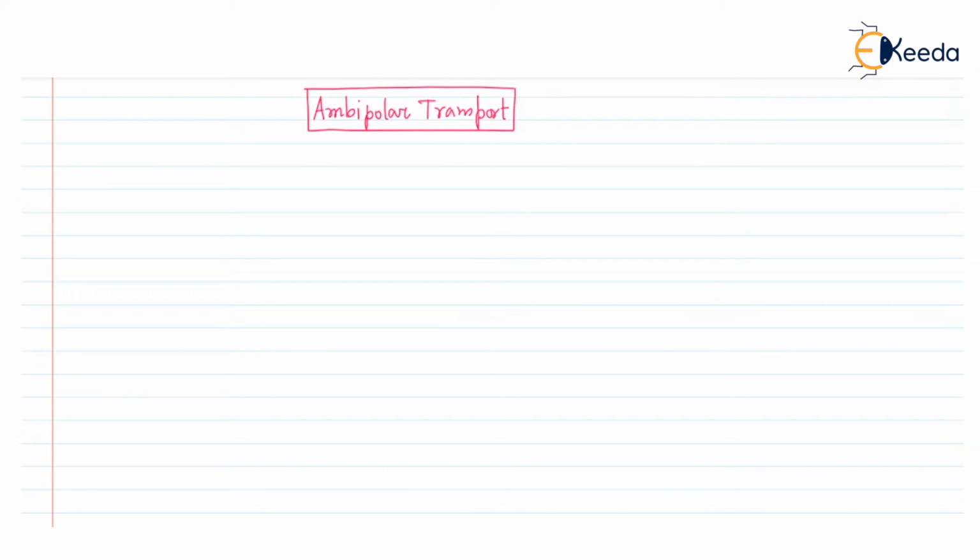For this, we know that in a semiconductor, the whole current density can be given by an equation, Jp, and this Jp consists of two parts: Jp due to the drift motion plus Jp due to the diffusion motion.